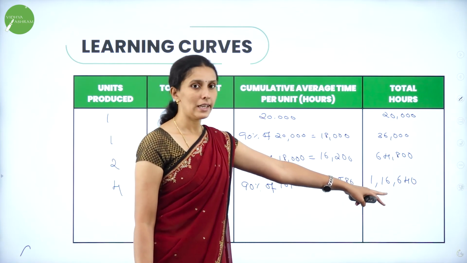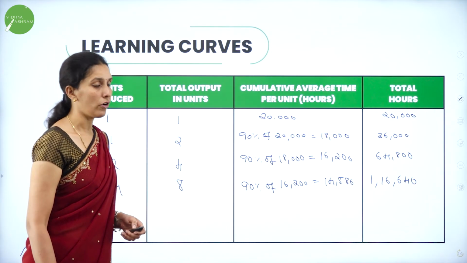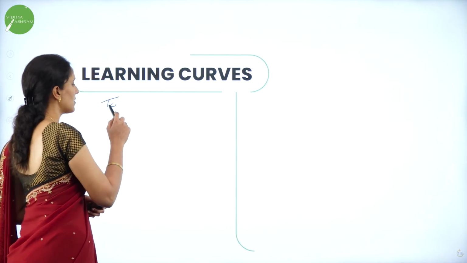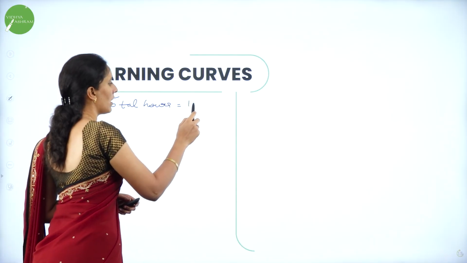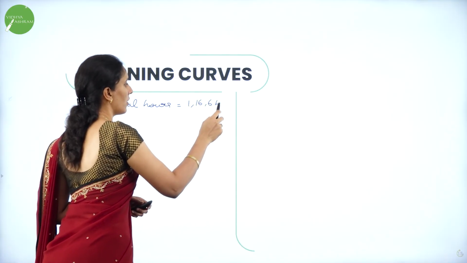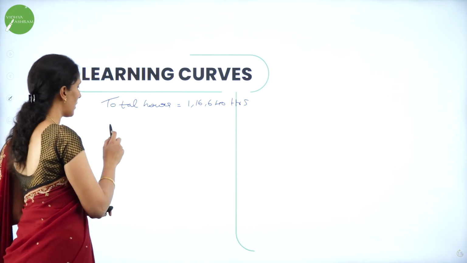Therefore the total labor hours is 1,16,640. So total hours is equal to 1,16,640 hours. Now we need to calculate the total labor cost.